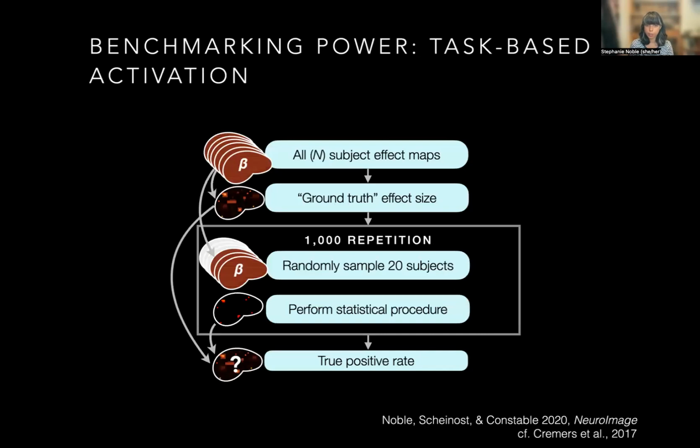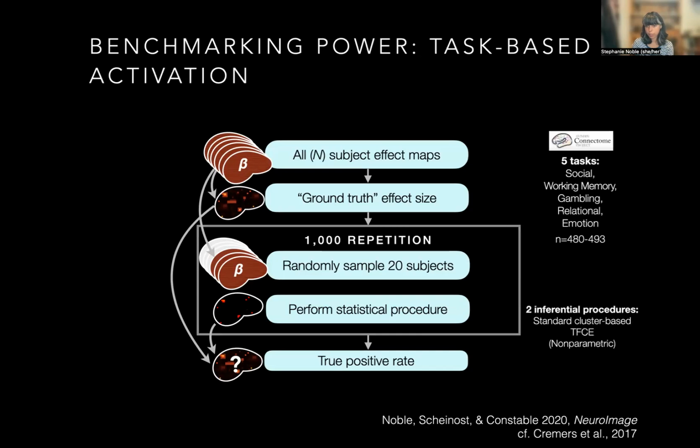Here we'll start with all the subject maps like we discussed before. We can estimate the ground truth effect size across all subjects. And then we can also resample 20 subjects per group and perform one of a couple different inferential procedures. Here, we're using standard cluster-based inference and TFCE, which is proposed to be an improvement over that procedure, that I think people will be talking about later.